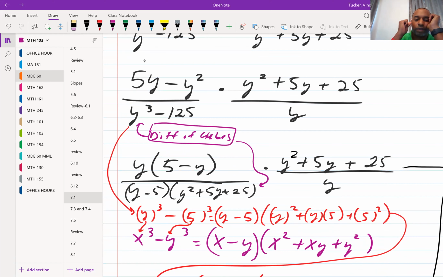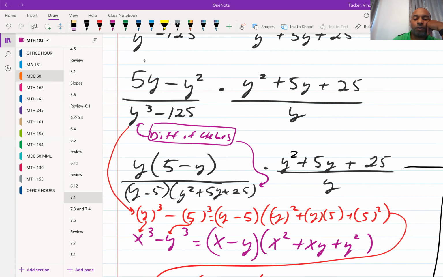So the red is the difference of cubes formula. And we have y cubed minus 5 cubed. So you can plug that in according to the difference of cubes formula relationship.